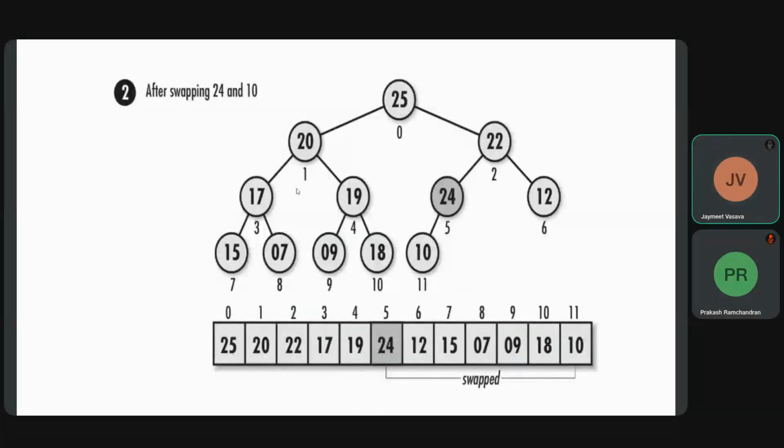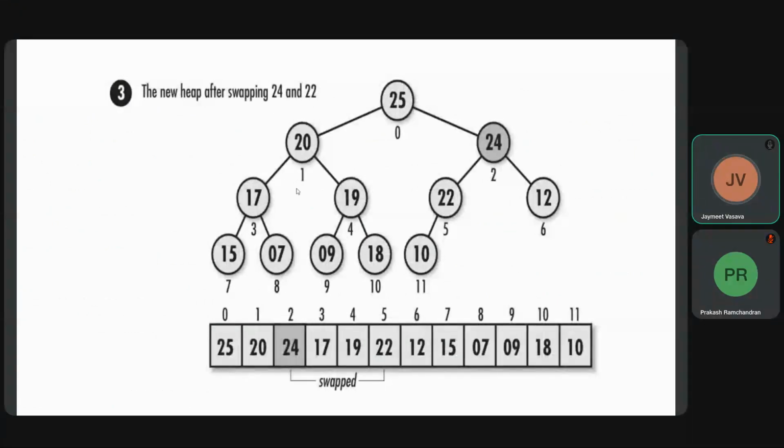As you can see, we have swapped the value of 24 with 10. 10 goes into the 11th position and 24 at the 5th. Now, as 22 is smaller than 24, we'll again swap it. And now, as it is sorted, we won't need any more swaps.